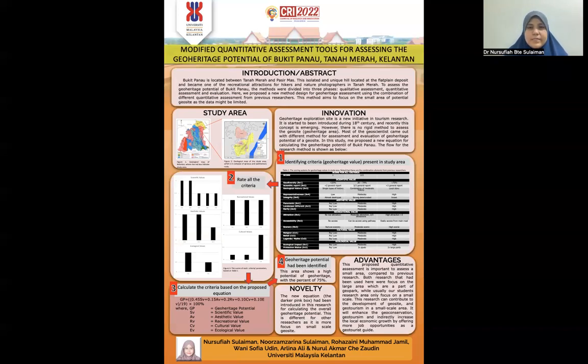But in this case, we only want to focus on the small area, one geosite. So that's why we came out with this equation, which is more focused and only focuses on the important criteria or important heritage values.